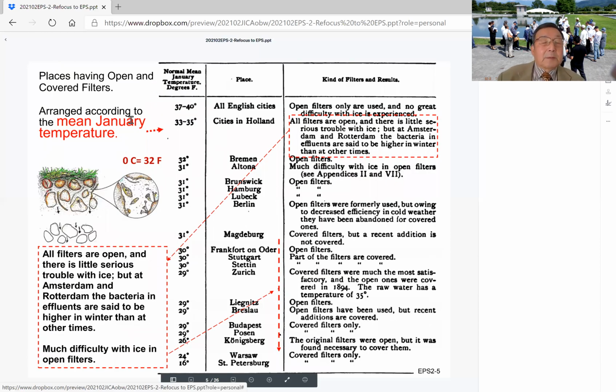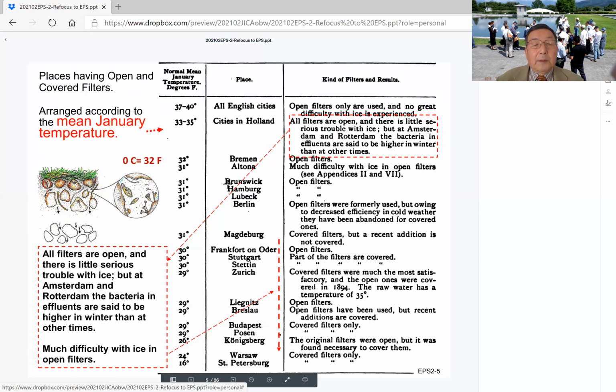In his textbook, he summarized many filters, arranged according to the mean January air temperature, where 0 degrees is 32 Fahrenheit.